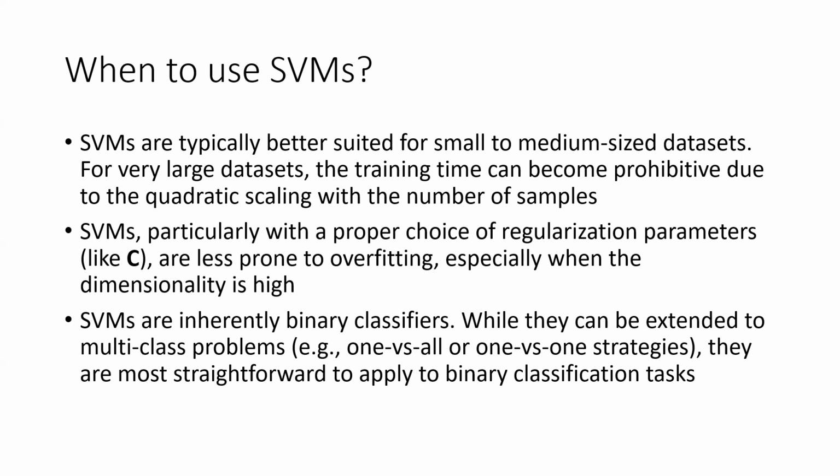When these kinds of binary problems are there, you can use them. But when there are multi-class classification problems, support vector machines can still be used with one versus all and one versus one strategies.